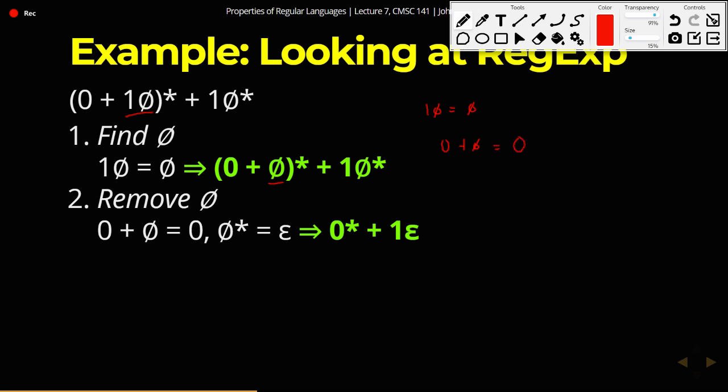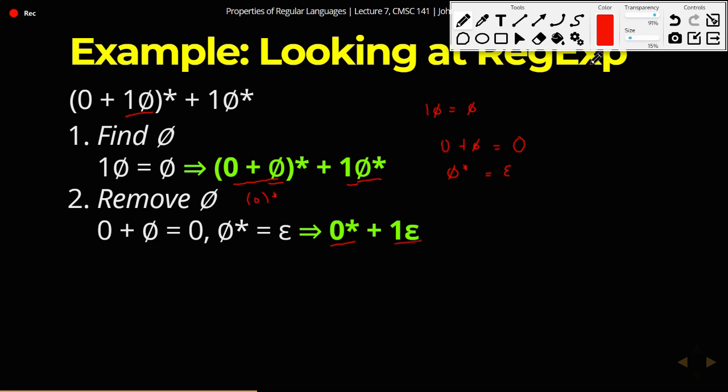And then we also have null star, which is just equivalent to epsilon, right? So this becomes 0 star here, and null star is equal to epsilon, so that's why this one became 1 epsilon.